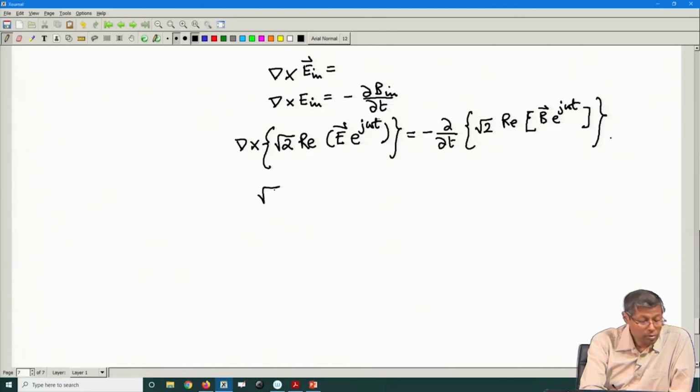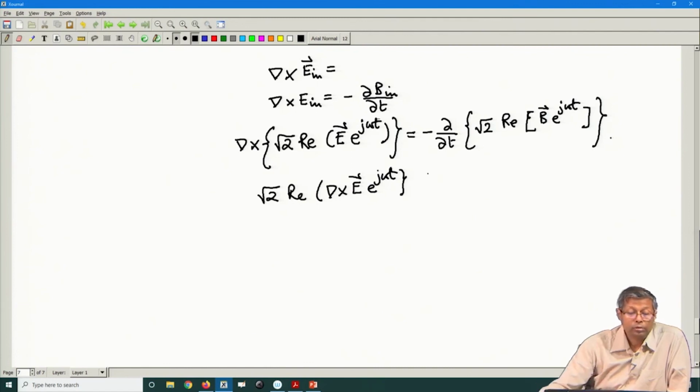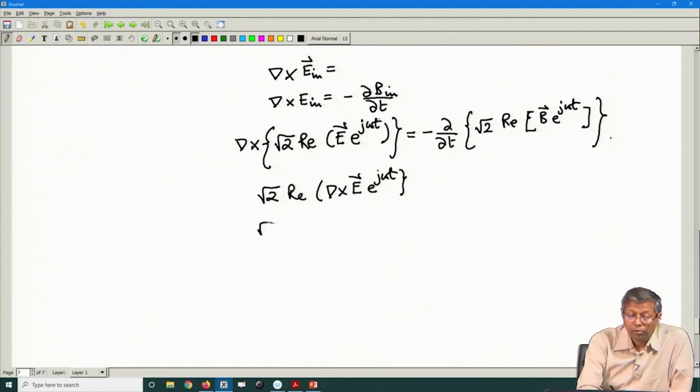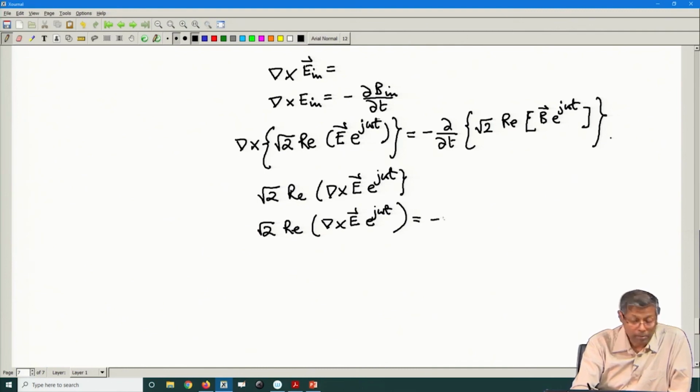Therefore, root 2 real part of curl of E e to the power j omega t becomes minus root 2 real part.